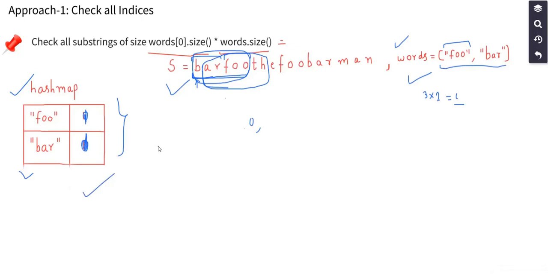One hash map is a global hash map which stores the entries of this words array, while a local hash map is used for each substring. So for each substring, all we do is copy the values from the global hash map into this local hash map, and then we start traversing the string that we have chosen. Fine. So in this case, we would find 2 indices which are valid, that is 0 and 9, where our valid substrings are found. This is a strategy to solve this problem.